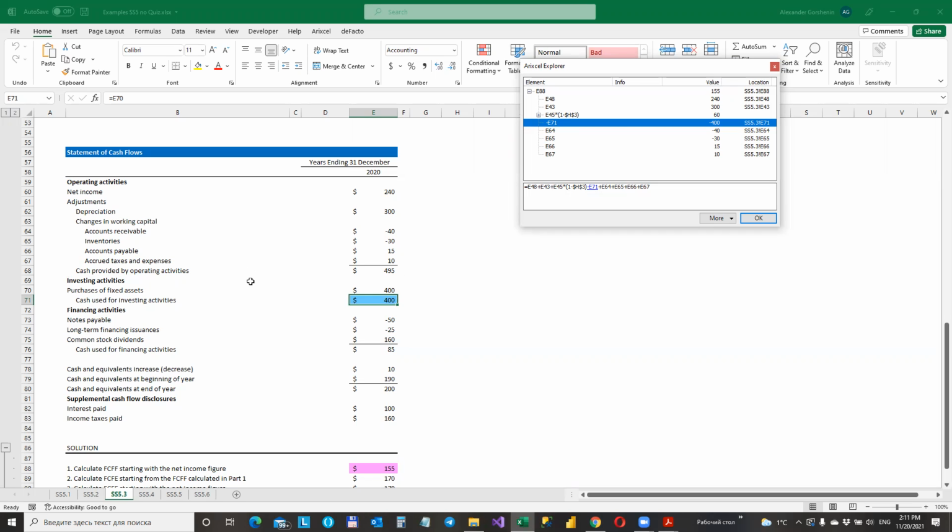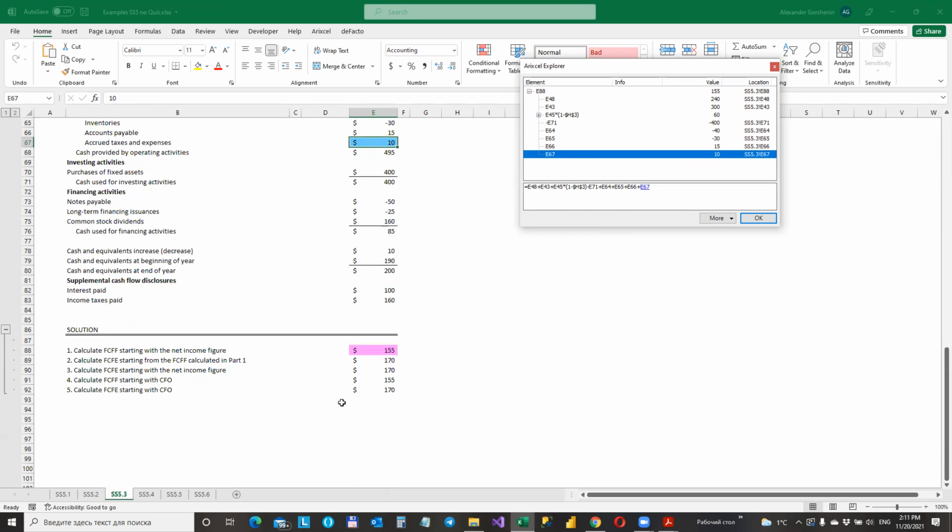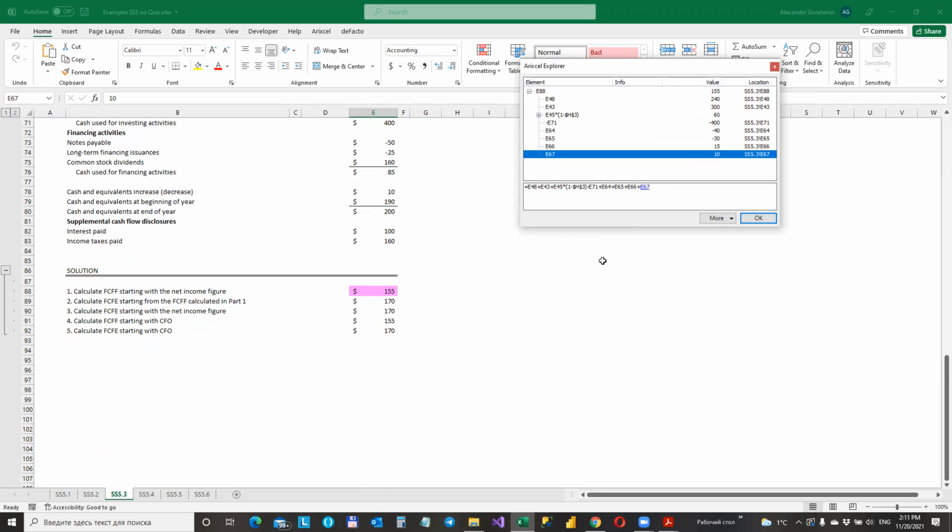But according to the convention used, these figures are represented with the plus sign, so we should subtract it. But it's only an accounting representation approach. And changes in the working capital are also added back. You can see here how we arrive at free cash flow to the firm.